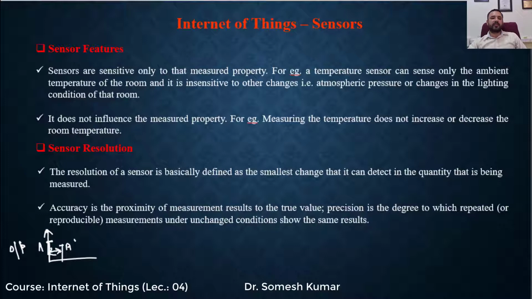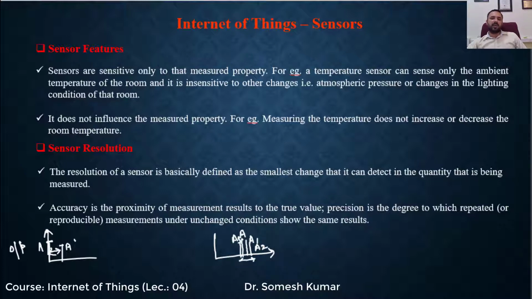And the second one is the precision. For example, this is our measured quantity. One time our sensor measures this quantity and the output value is A. After another time it measures A1, after another time it measures A2, and after some time it measures A3.